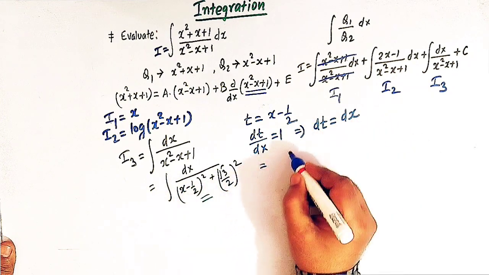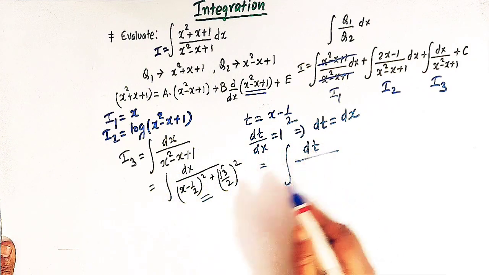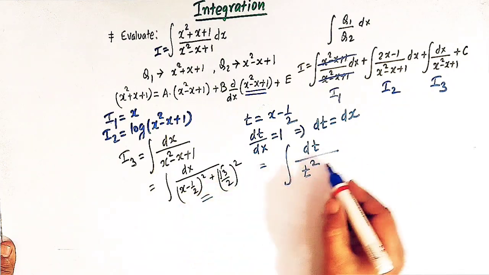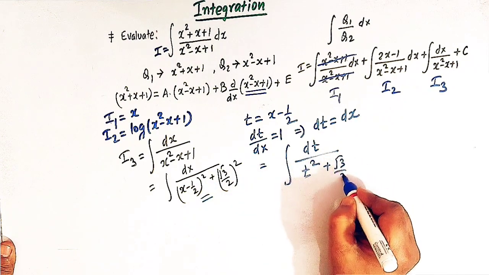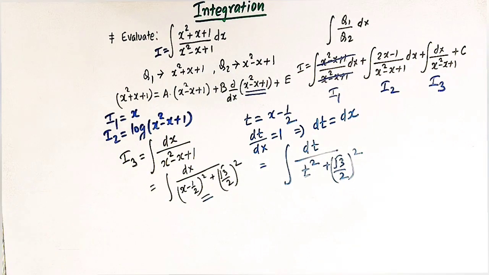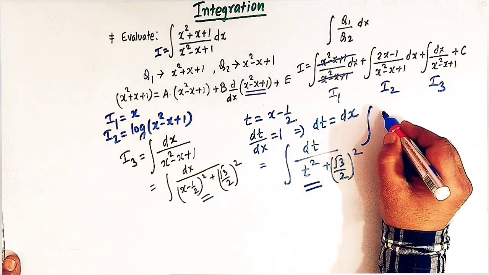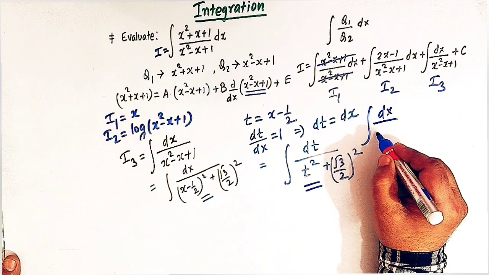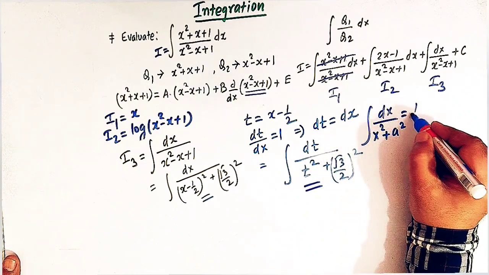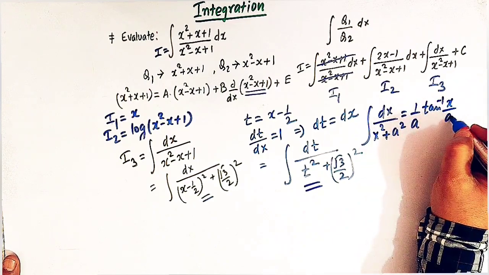So now this integral becomes dt, because for dx we have dt, and x minus half square can be written as t square, and here we have square root of 3 over 2 square. Now this is a standard integral, because we know that the integral of dx over x square plus a square is equal to 1 over a tan inverse x over a, right?